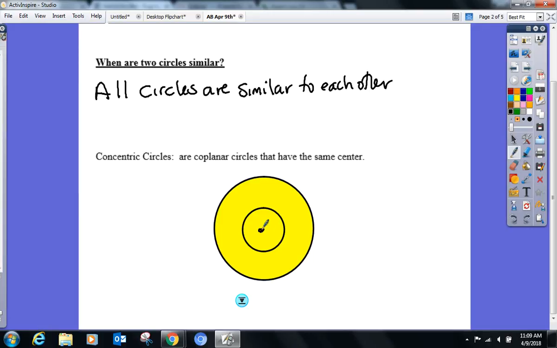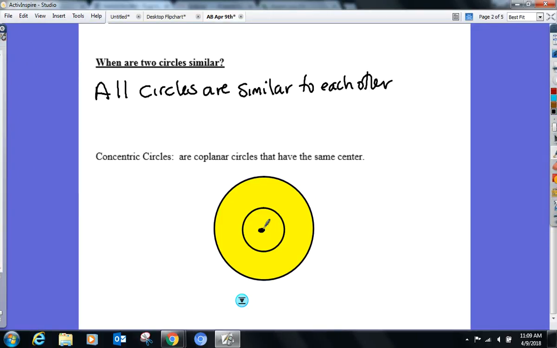There you go. Bullseyes, yep. That's a lot of concentric circles in a bullseye. Dartboards, yep, concentric circles. Circles that have the same center.